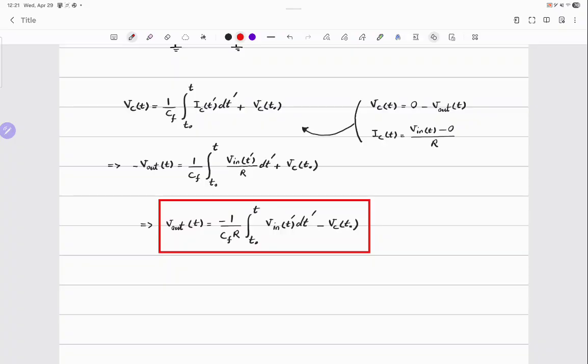Remember, I multiplied both sides by a negative sign. Now, look at this equation. Is there anything bothering us, any unwanted variables? You might point to VC(t naught), but remember, that's the initial voltage stored in the capacitor that usually you have access to, okay? So it's not a problem. It's not a variable. It's just some value, some constant.